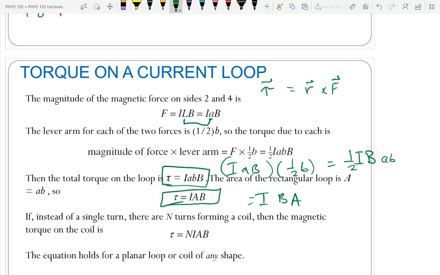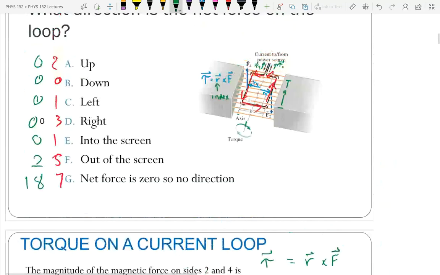Or if I have n loops, then the total torque is, I put it that way because then I can remember, the NBA. So it's the current times NBA is the total torque on a loop in the magnetic field under, and this is important, under the condition of the geometry that was shown.